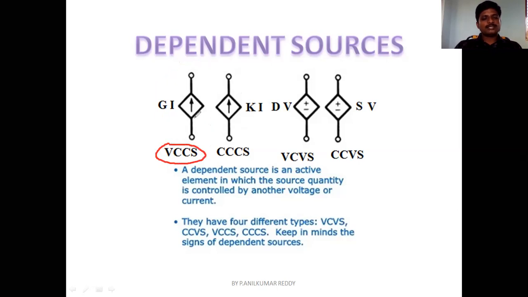Okay, so this is a dependent current source, where its output value will be dependent on some other value of voltage. So the output of this current source depends on the voltage of another parameter. Okay, so this is the symbol. Since we are talking about a current source now, it has a direction as you can see on the screen.